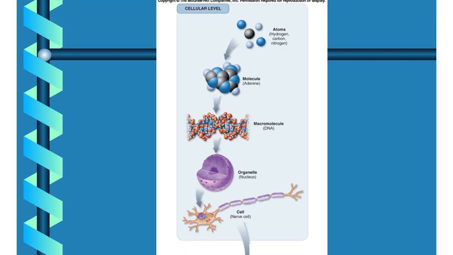So this picture is showing that atoms combine together to form molecules, which are groups of atoms, and the molecules can form these biologically huge molecules called macromolecules, like DNA. Macro means large.